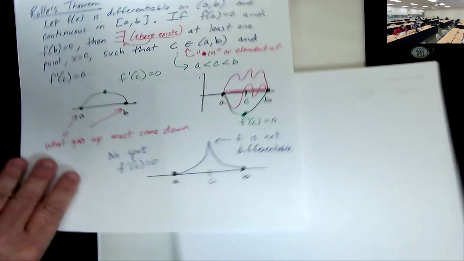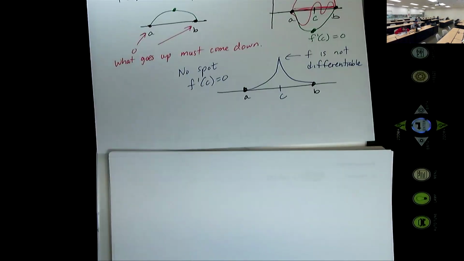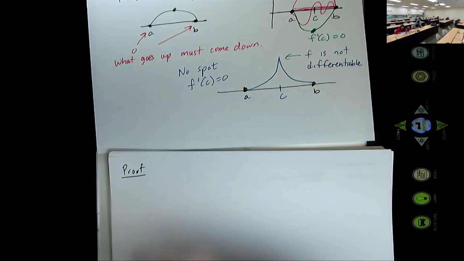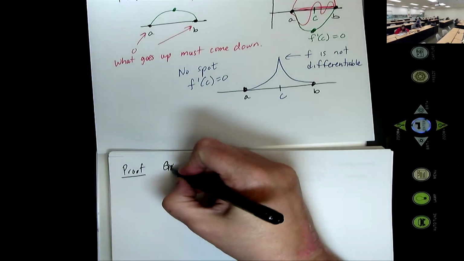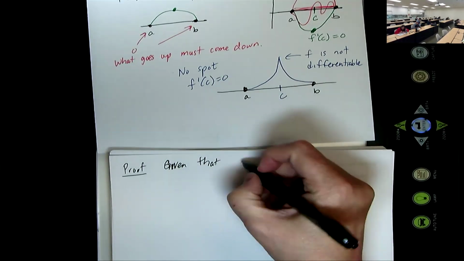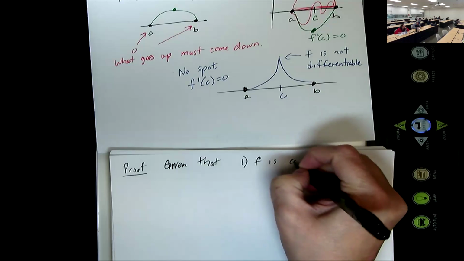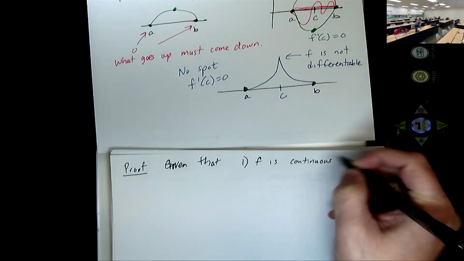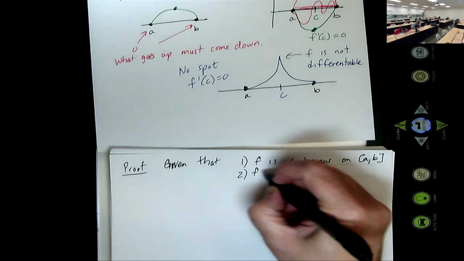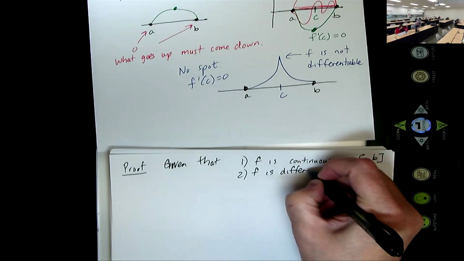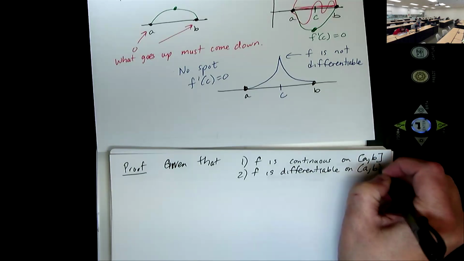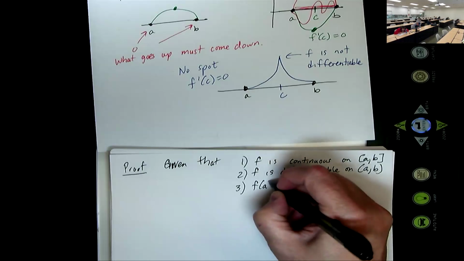Alright, so the proof. We need to have our given information. Given that f is continuous on AB, f is differentiable on AB, and f of A equals f of B, which equals 0.